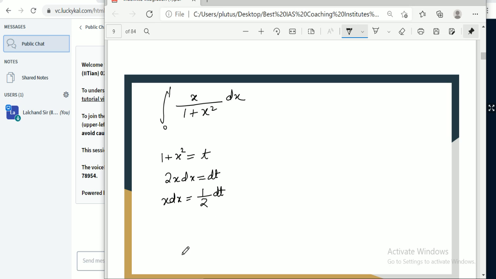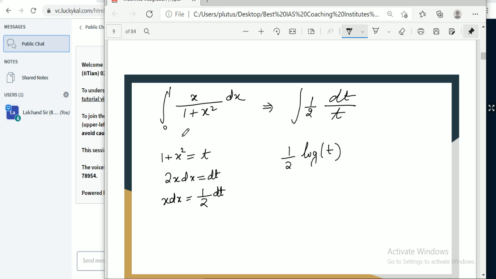Now if I substitute this in the equation, let us first integrate this. So we have 1 by 2, and x dx will be 1 by 2 dt, divided by t, isn't it?